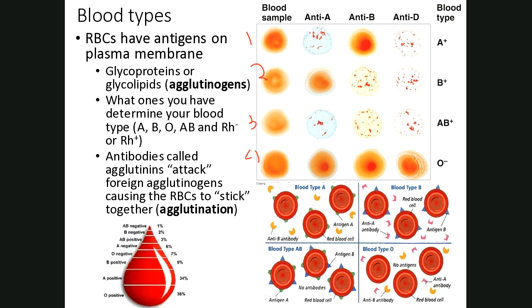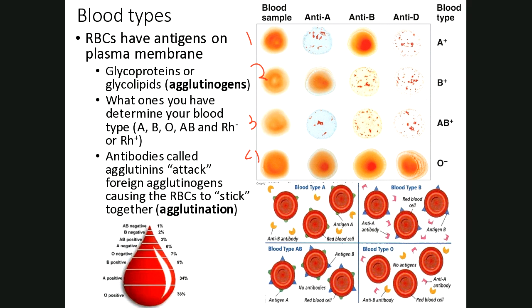So I know that not only is this person A blood type, but they are positive to Rh factor. Not only is this person B blood type, but positive to Rh factor. And not only is this person AB, but they're also positive. Now, number 4 didn't ever have the Rh factor, so I know number 4 is not Rh positive, they are Rh negative.